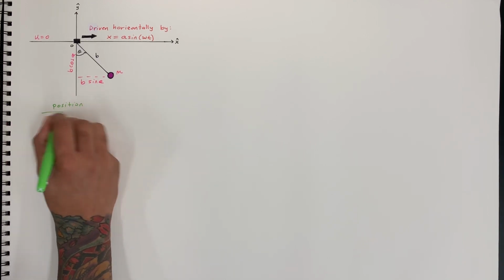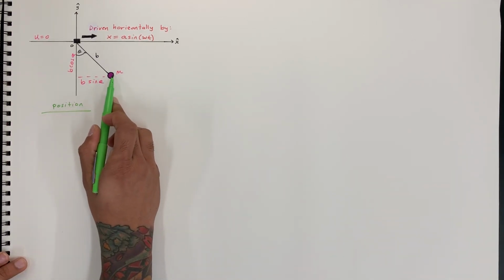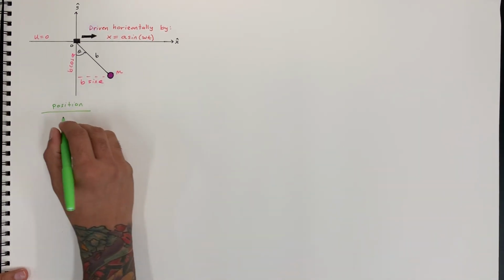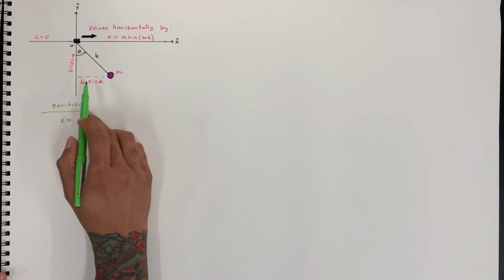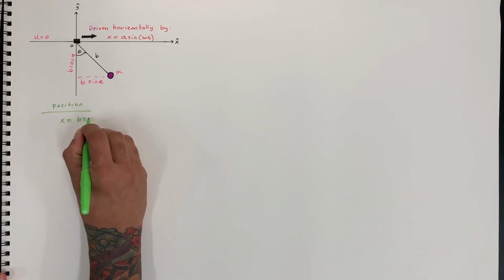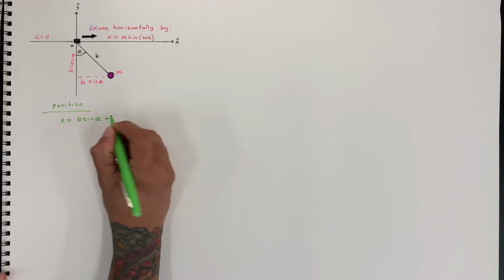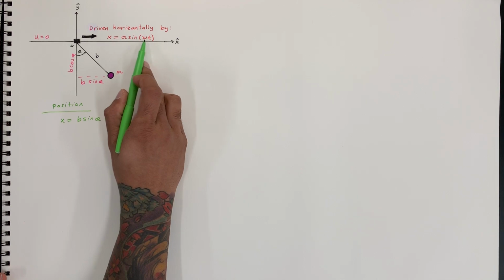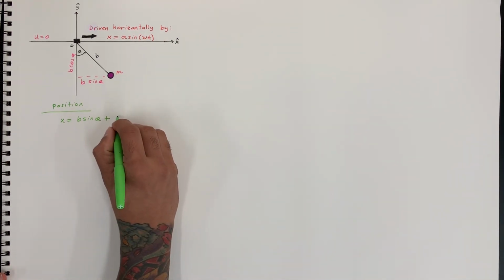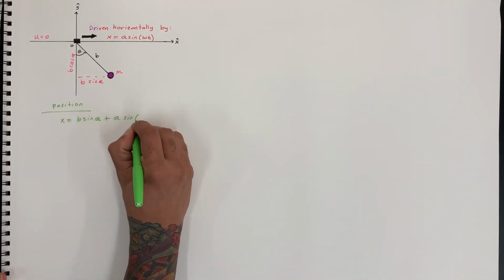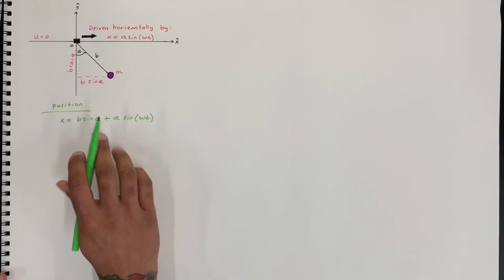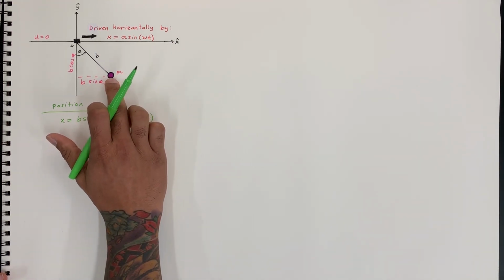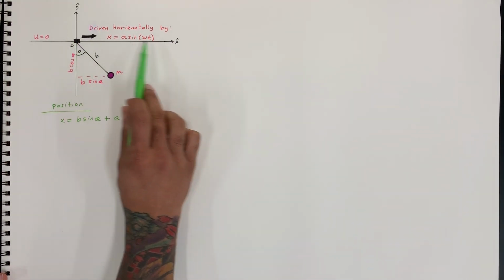So our position of the ball, or bob, as it's referred to sometimes, we got x is equal to b sine theta plus it's being driven by x is equal to a sine omega t. These two terms are used to describe the position of this bob as it's being driven horizontally.